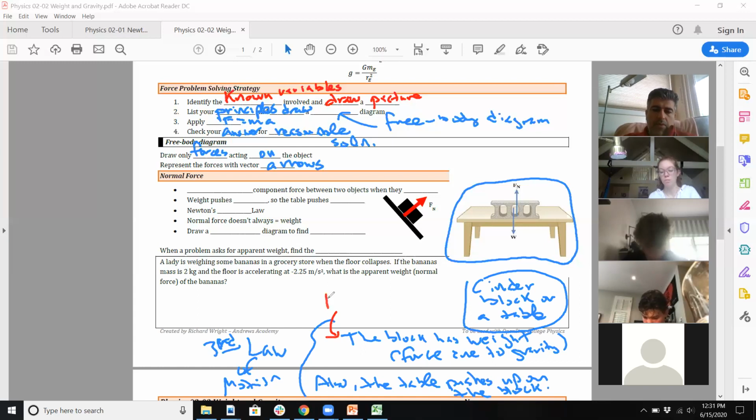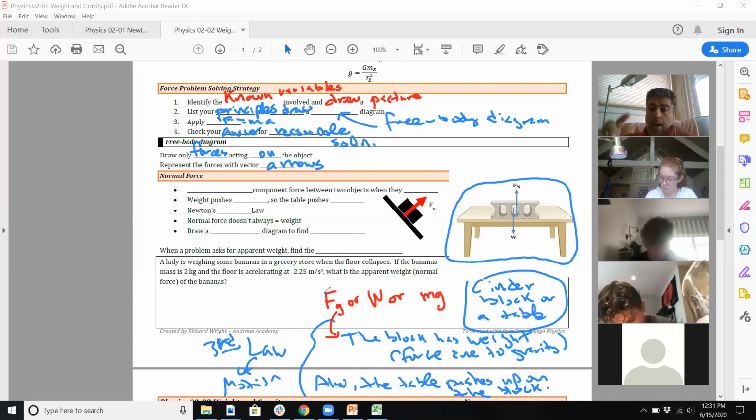This right here we call the force due to gravity. Or you can call it W. Or you can call it mg.